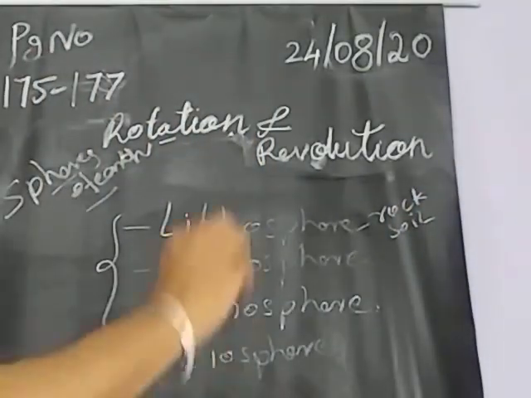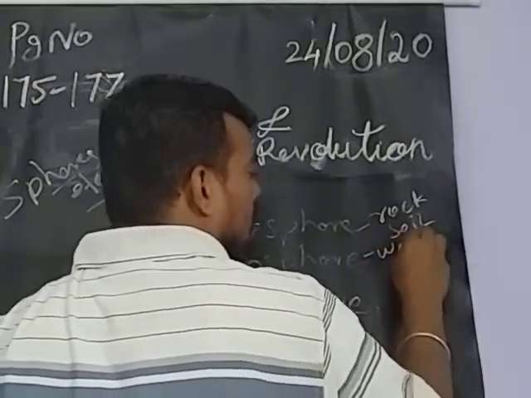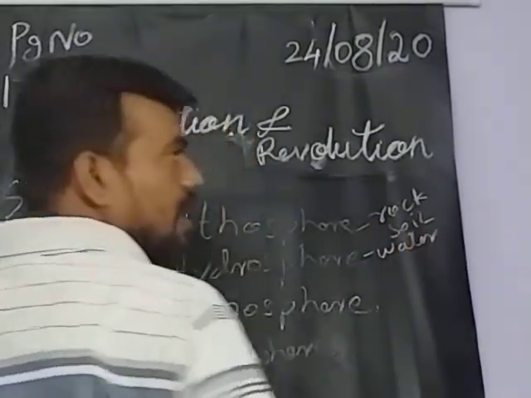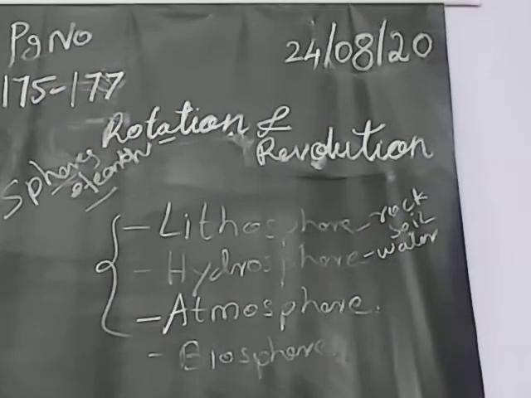Hydrosphere is completely based on water: river, sea, lake, pond, everything comes under the hydrosphere. Next, the atmosphere.